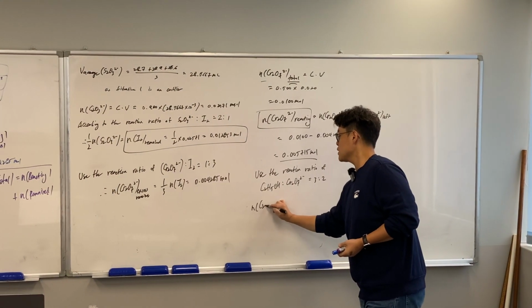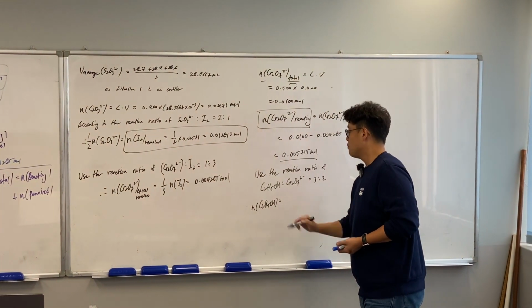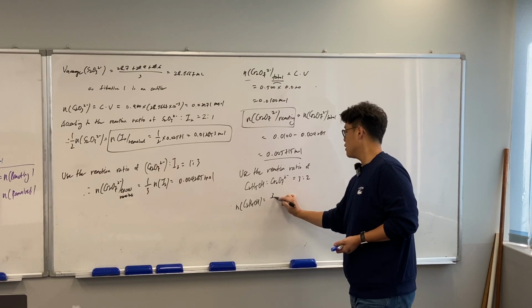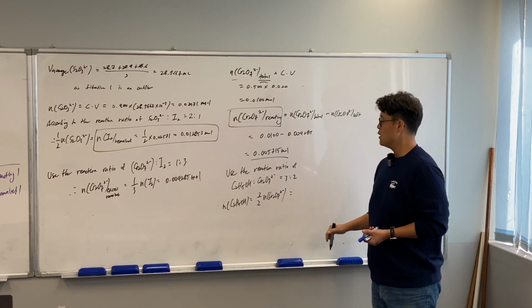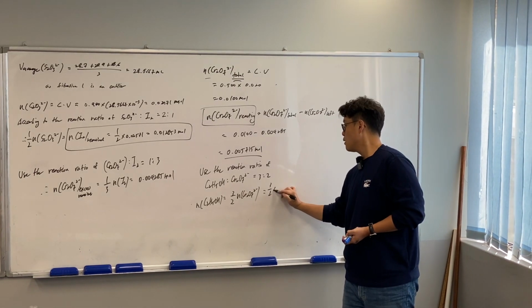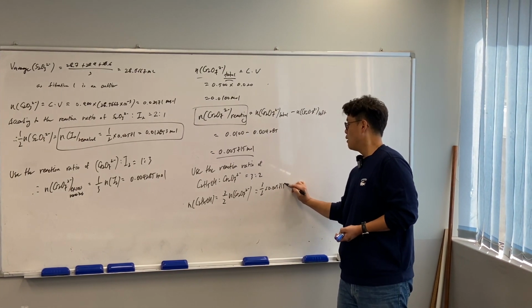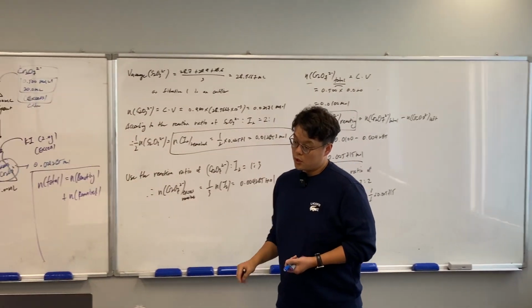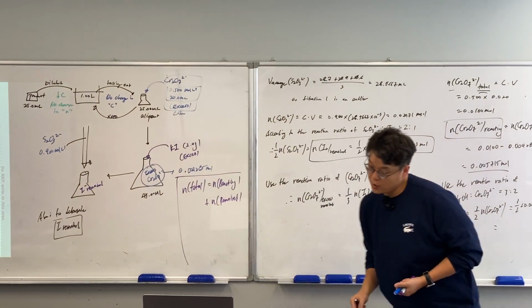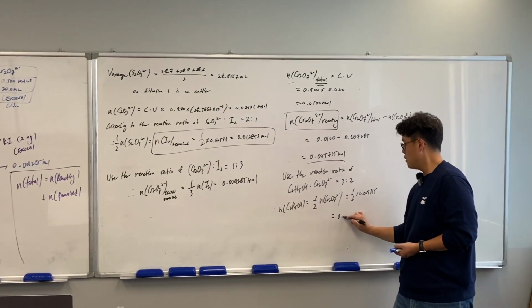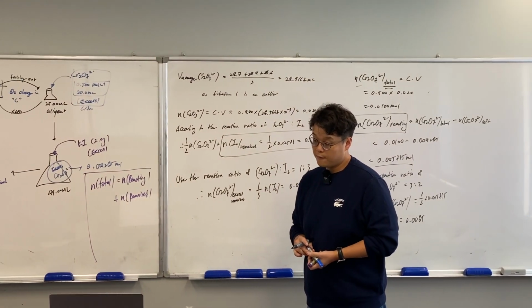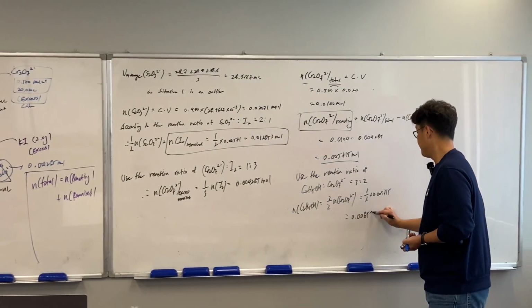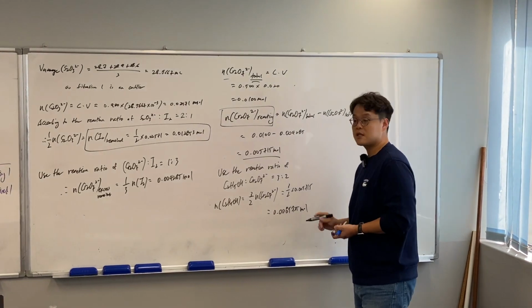And the n of the C2H5OH must be the same as 3 on 2 of the n of the Cr2O7 2-. So times these values, you're going to get the total value of 0.0085725. It's given then.